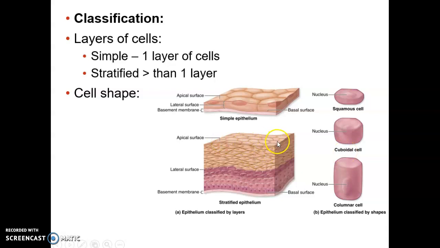Are those top apical cells columnar, like a tall can of iced tea, for example? In that case, we would say it's a columnar epithelium. And we put these two names together. So the top apical cells would be squamous, meaning flattened, cuboidal, or columnar.